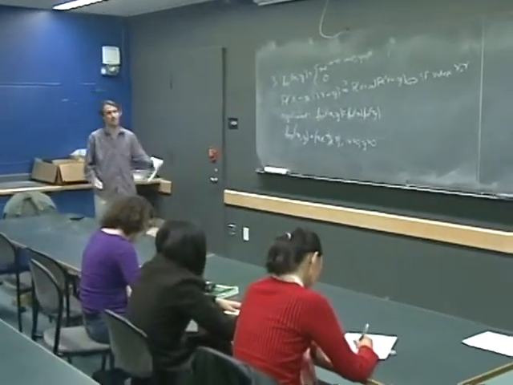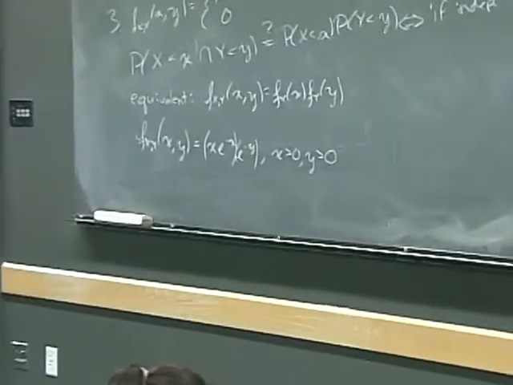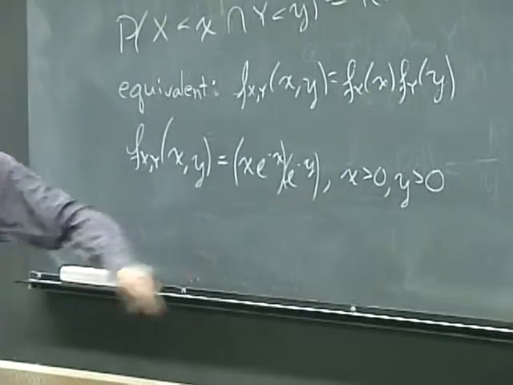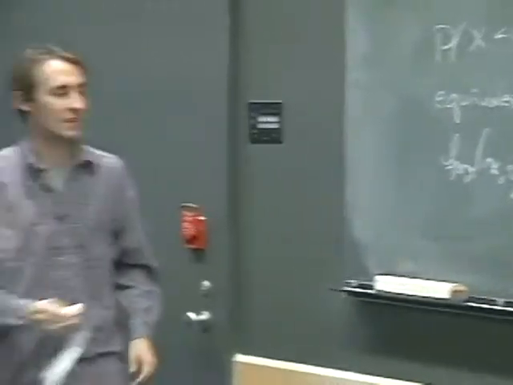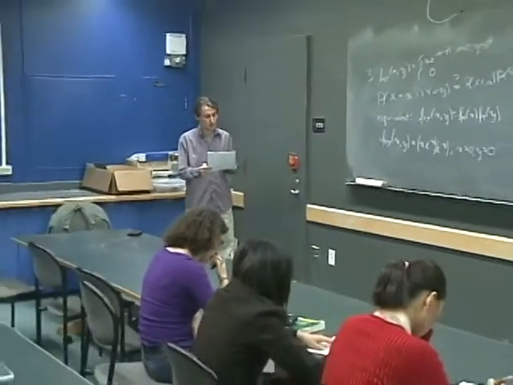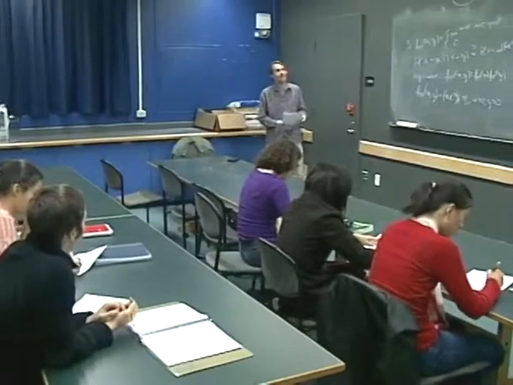Okay, so because we can factor it like that, we're done. We can say they're independent. Now, if you wanted to be really strict, you'd have to check that this really did integrate to 1. But in this case, it does. Okay. Now, if we want to get a probability, then we have to start integrating the densities. And that's what we're going to do next.